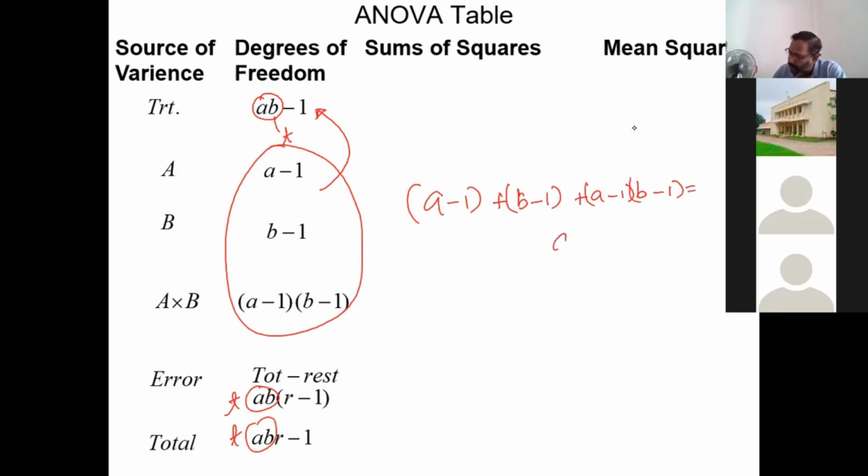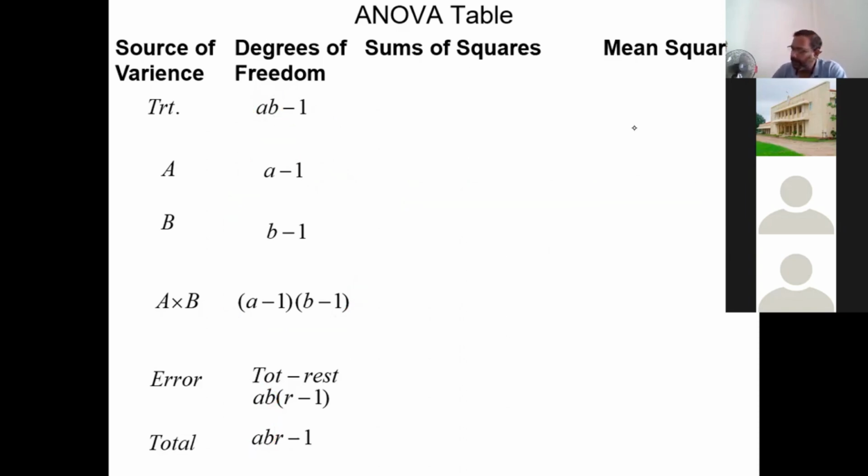This will be equal to AB minus 1. You go home and try this. Is it clear?